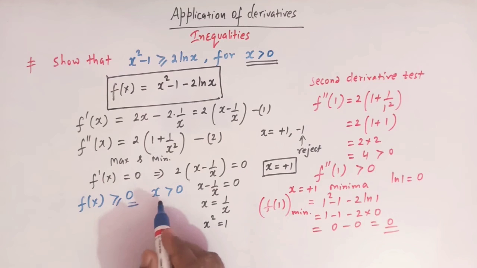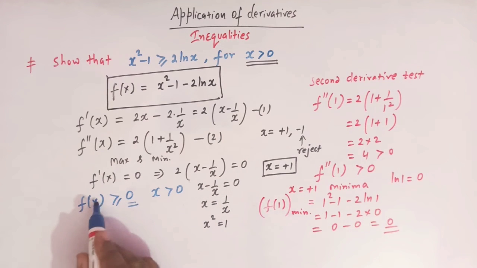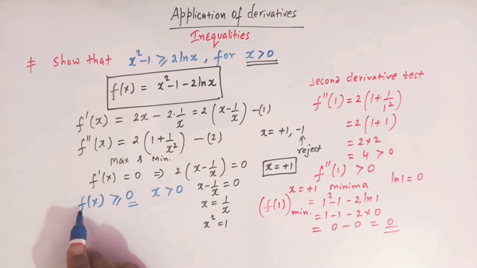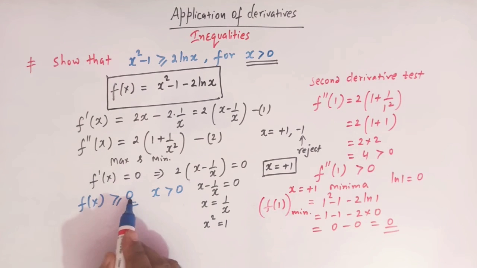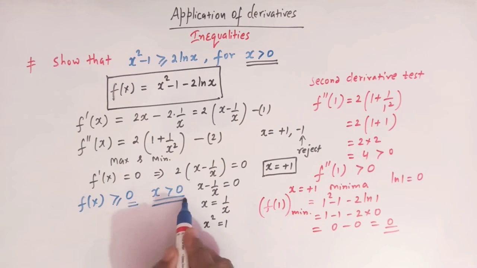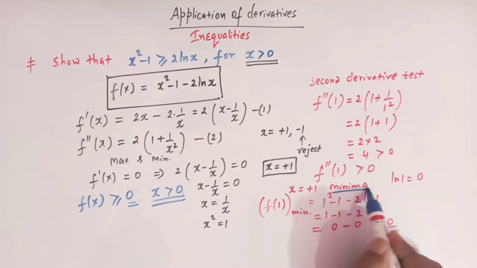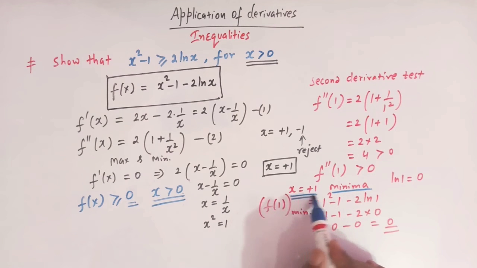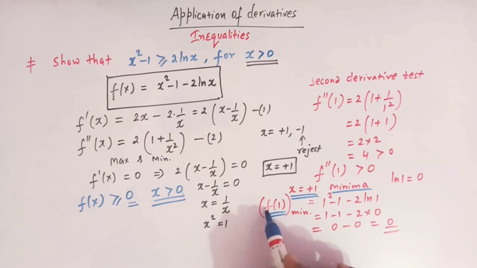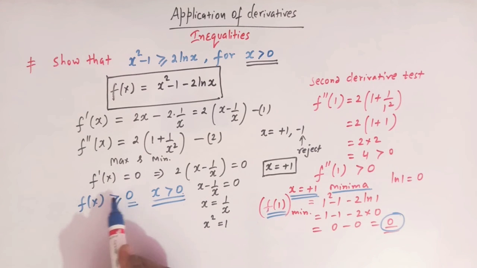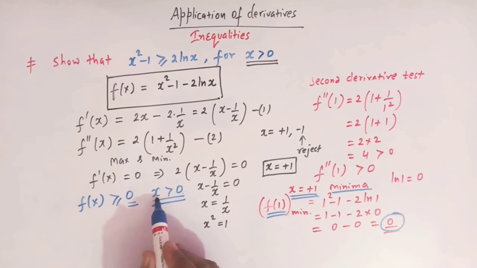And obviously for x equal to 1, f of x takes the value 0. So f of x is greater than or equal to 0 for x greater than 0 because f of x attains its minimum at x equal to 1 and the value of f of 1 is equal to 0.